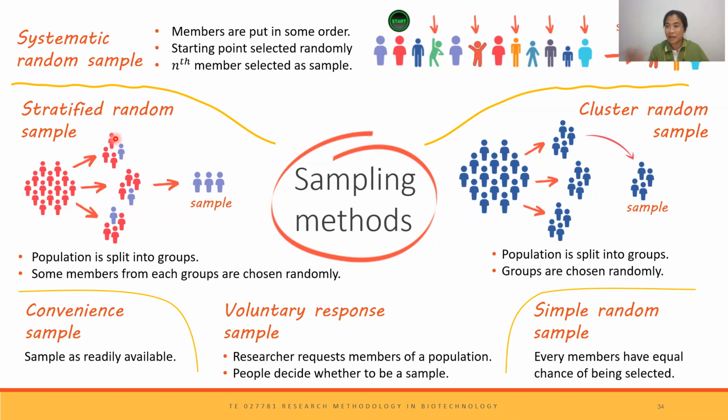You could start with a very good plan for your experiment or research, but if you chose a poor sampling method and conclude your study, it could ruin the whole thing of your work. So sampling method is important.